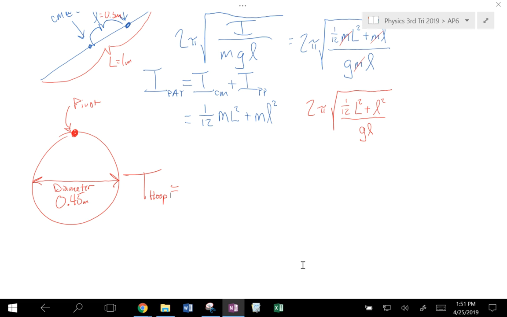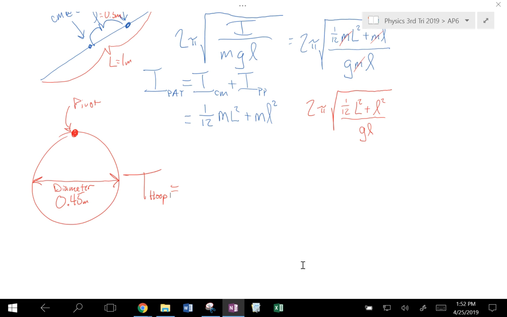A little trickier. Right about 1.05-ish. Yeah. Okay.